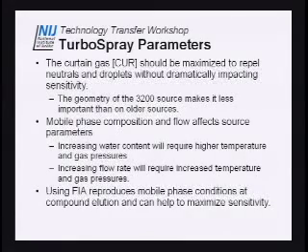Using flow injection analysis reproduces the mobile phase conditions at compound elution and helps to maximize sensitivity. We did the flow injection at 50-50 mobile phase A and B. If you are looking to maximize a particular drug that comes off at a particular time, and you know what time it comes off, then try to reproduce those mobile phase conditions to maximize its particular sensitivity.